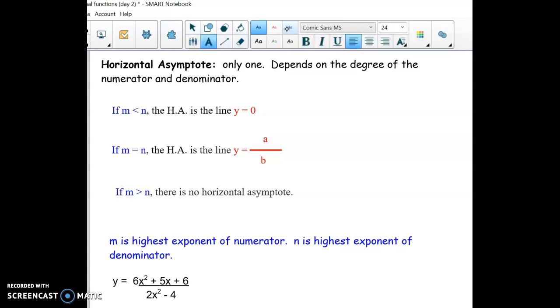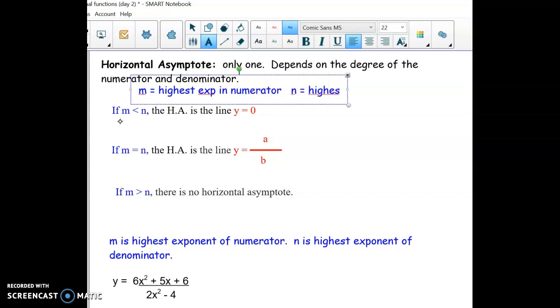So this little chart you're going to want to copy down, and you also maybe want to put here that m equals the highest exponent in the numerator and n is the highest exponent in the denominator. Okay, and so you're going to take those two, and only one of three things can happen.